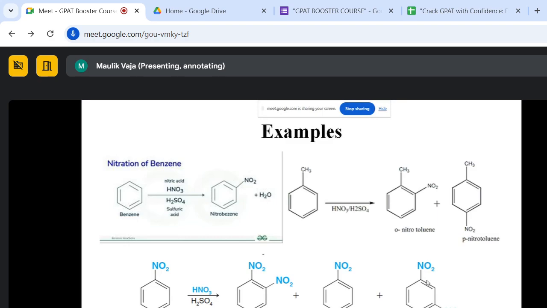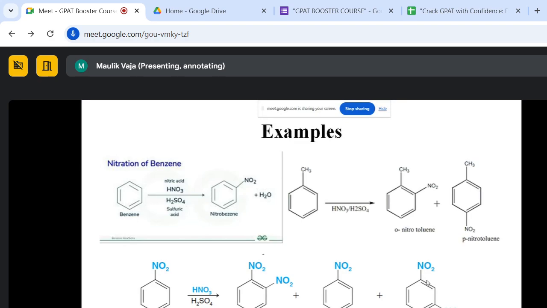We will focus on nitration reaction because the reagents are very easy.